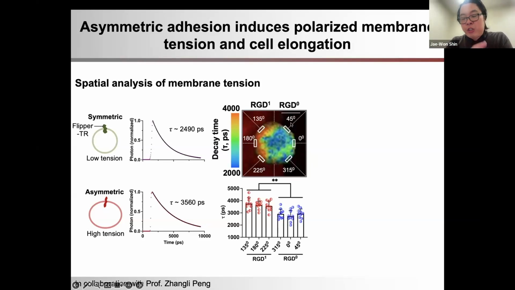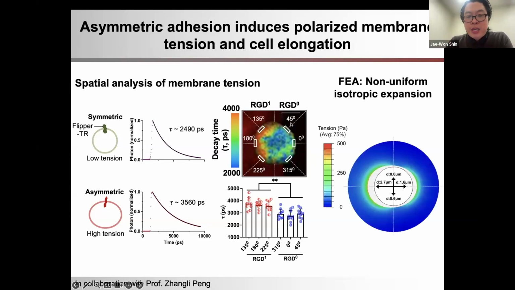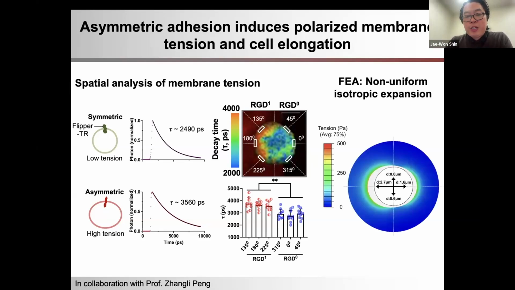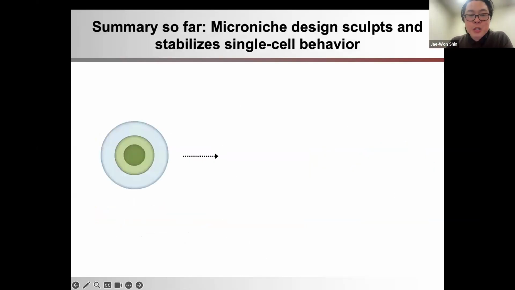And we also varied the concentration as well. And this actually results in an interesting phenomenon where the cell volume expands only towards one side compared to the other, resulting in an elongated shape of the cell.